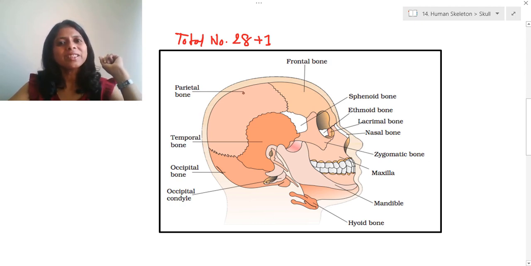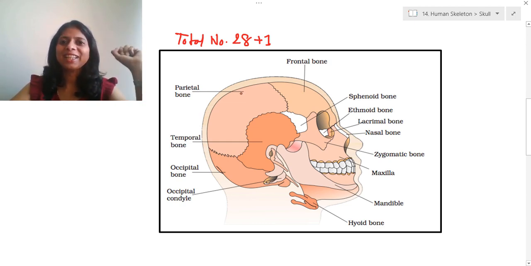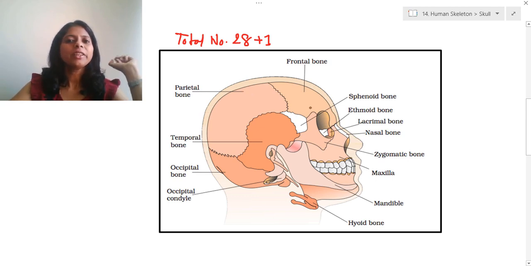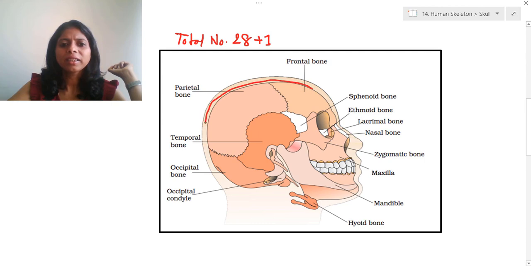First we will study those regions, and then we will go into details of all the bones included in the skull. The first region is the region which covers our brain area, the most important region, which gives protection to our brain.